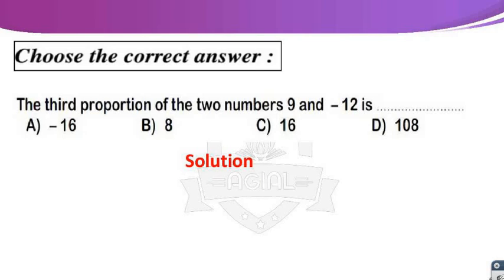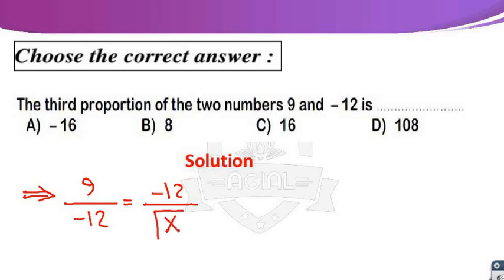For example, choose the correct answer. The third proportion of the two numbers 9 and negative 12 is what? At first, the third proportion of the two numbers 9 and negative 12. Okay? Nine, the first, over the second equals negative 12 over x.